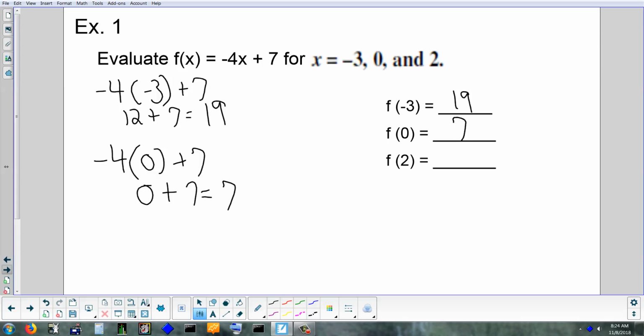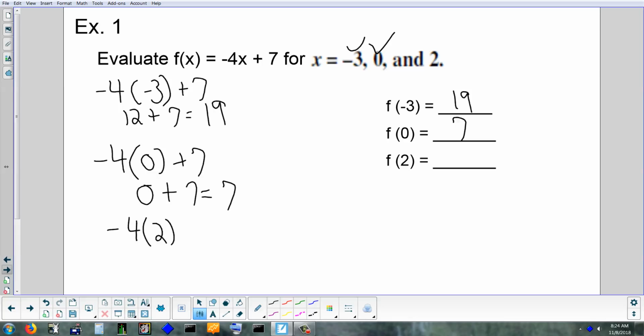All right? And then my last problem, what is it going to be? How about Jake? So I plugged in negative 3 for x. I plugged in 0 for x. I'm left with 2. So what's my problem? How am I going to write that out? Tell me what to write. Negative 4 times 2.